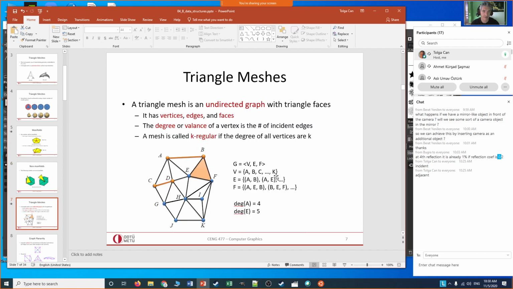Okay, now let's have a 10-minute break. So it's break time. I will continue with triangular meshes and how we can represent them with certain data structures. And I may even talk about, for example, if this was a two-dimensional triangular mesh like this, in computational geometry there's a data structure called the doubly connected edge list, which may help you make queries like find all of the faces that are incident on a given vertex quickly, or given a face, find the neighboring faces.